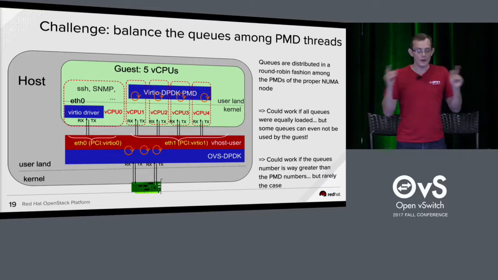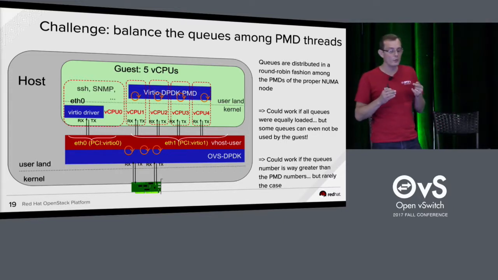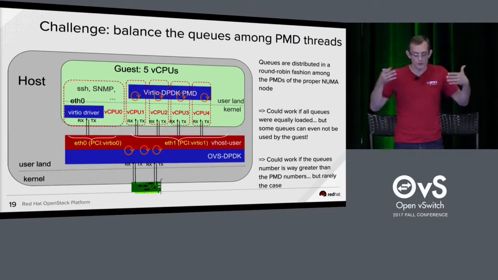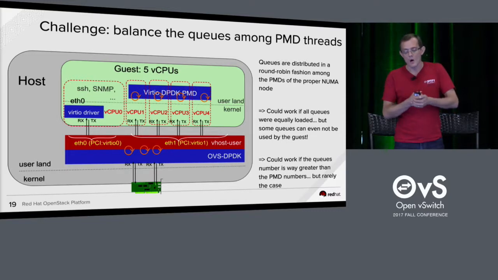So if you do that, how do you ensure that you balance the workload between all of the cores? You can't, because it could work if all the queues were equally loaded, but for instance, you have the SSH, the monitoring, the housekeeping queues, which will have little traffic, and it's even worse. Your VM can create like 10 queues and just use 2. So you have no way to balance the queues properly with just the default algorithm.